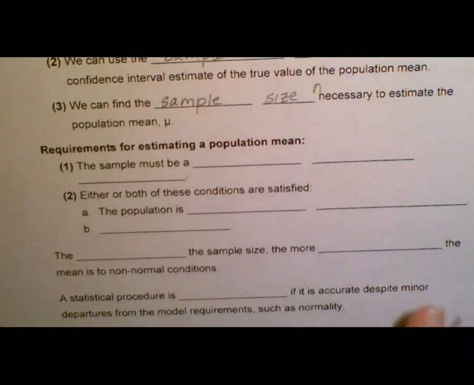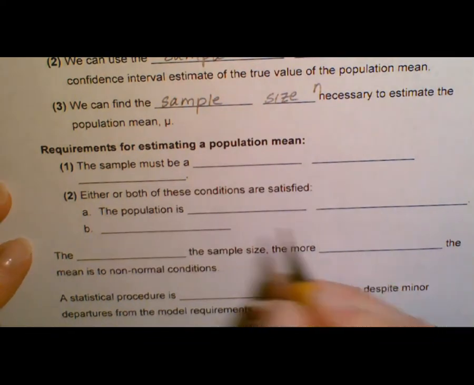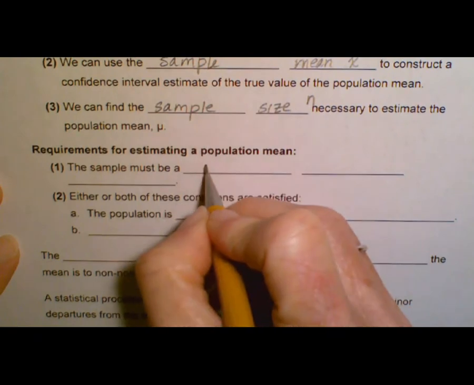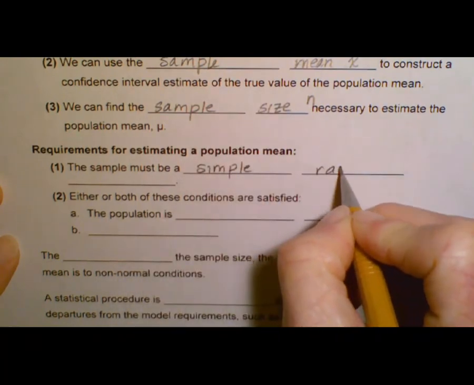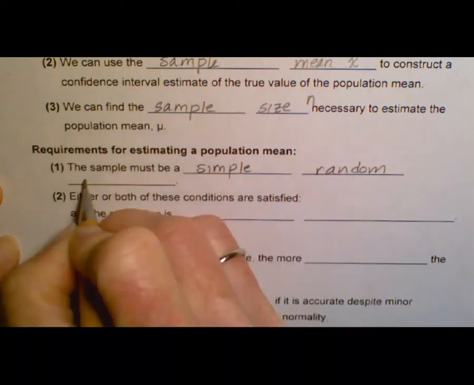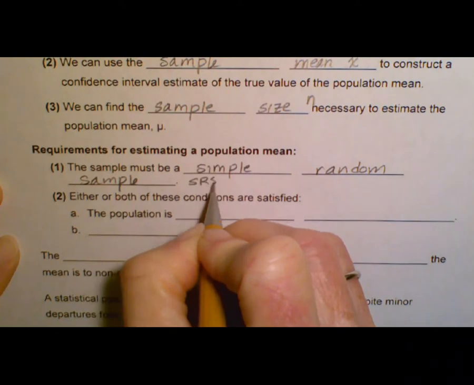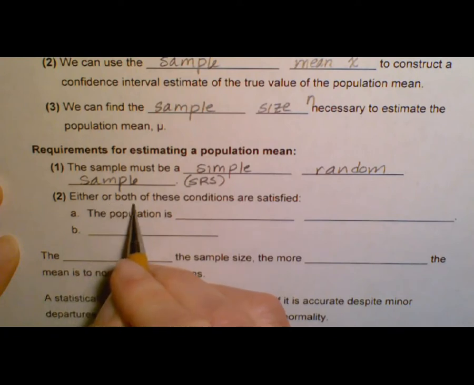There are certain requirements for estimating a population mean. The sample must be a simple random sample. And remember, I often use SRS as an abbreviation for that. Then either or both of these conditions must be satisfied.